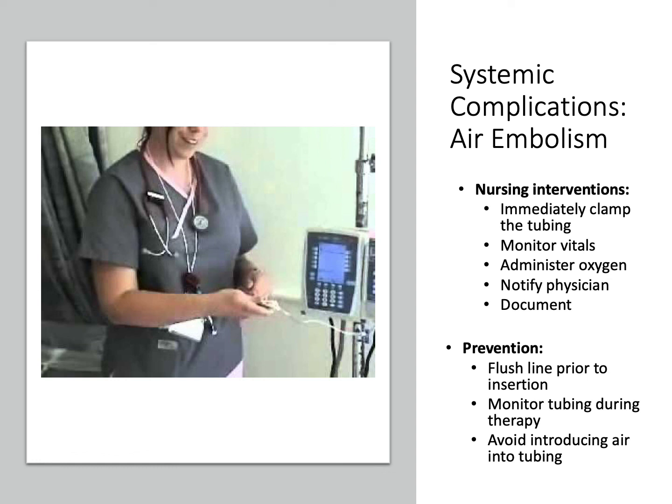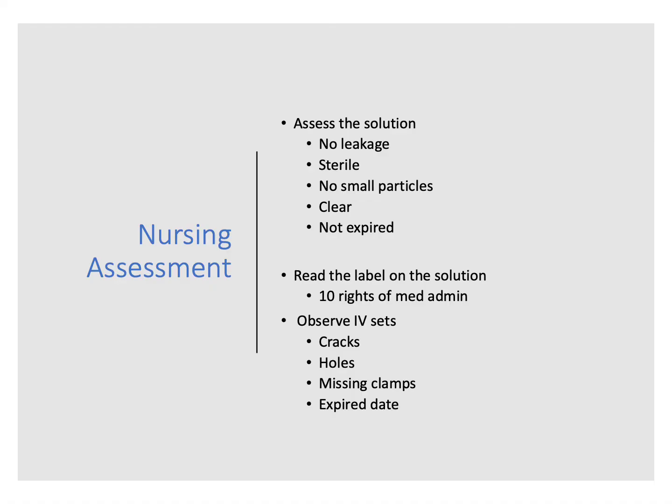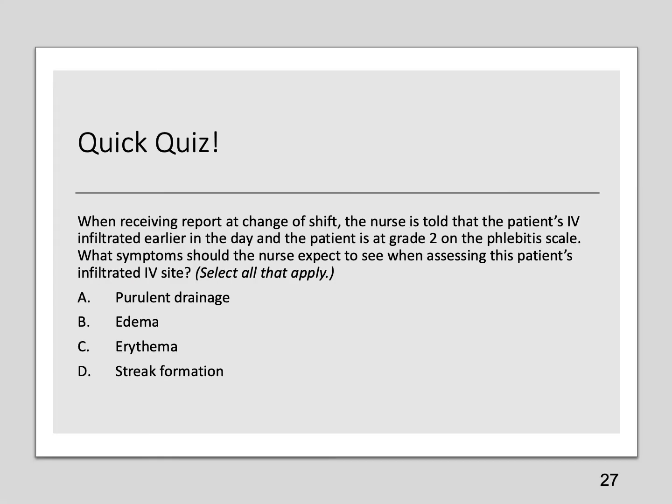And we definitely prevent this by flushing everything, monitoring our tubing, and making sure all our tubing is primed, and avoid administering air into your patient at all costs. So these are just some tips for preventing complications. So always assess your solutions, follow your 10 rights, and observe your IV sets.